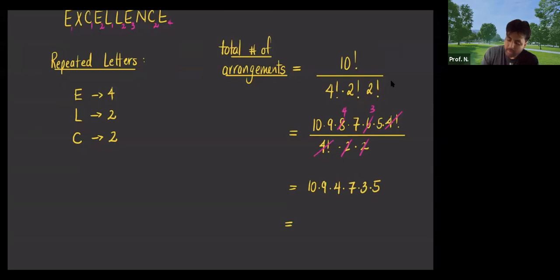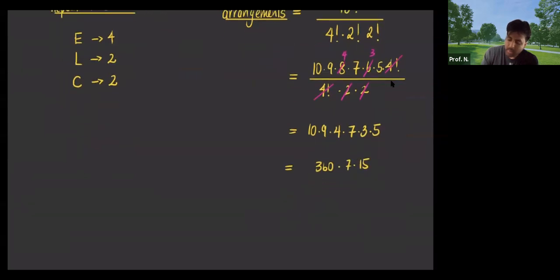And what is this? This is 90 times 4, which is 360, times 7 times 15. 7 times 15 is 105. Then you have two 3-digit numbers: 360 times 105, which is 37,800.